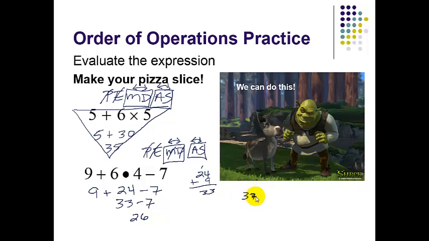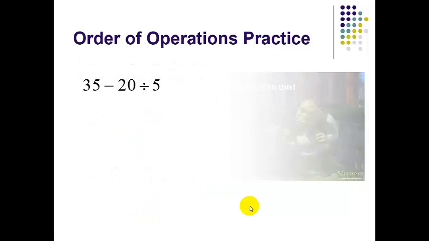I'm sorry, 3 minus 7, I'm going to borrow from this guy, and that's going to give me 13 minus 7, which is 6, and then 2. So 26. And I'm going to go ahead and make another video to show the practice problems.